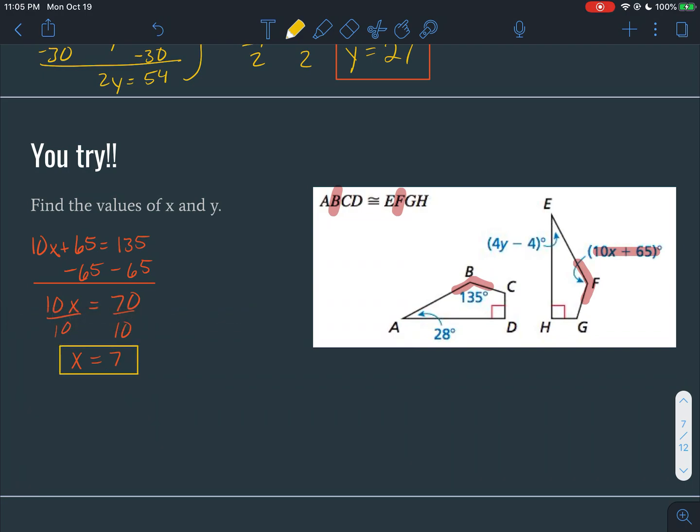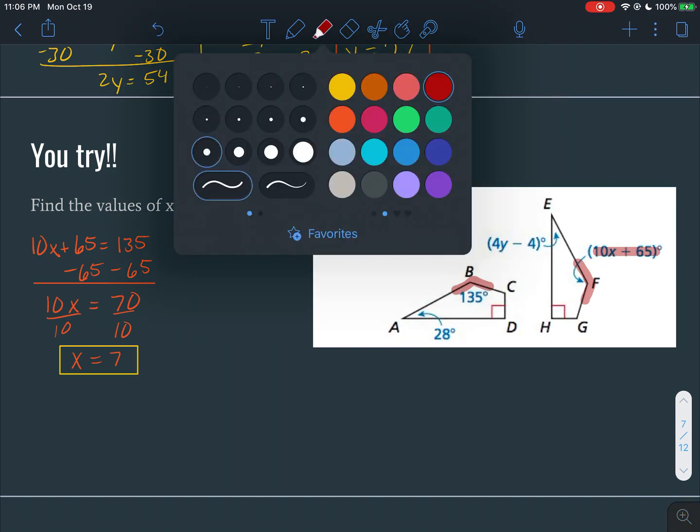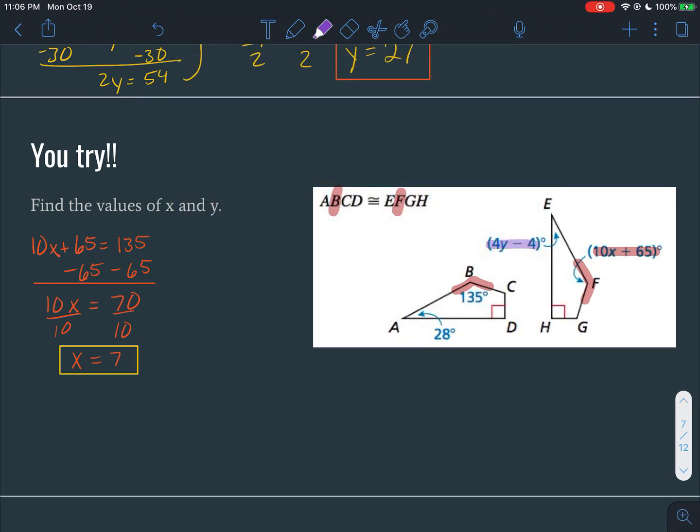Then to find y, 4y minus 4 is in angle E. Angle E is the first letter, so it goes with angle A, which is 28. Or you could say the tiny acute angle goes with the tiny acute angle.